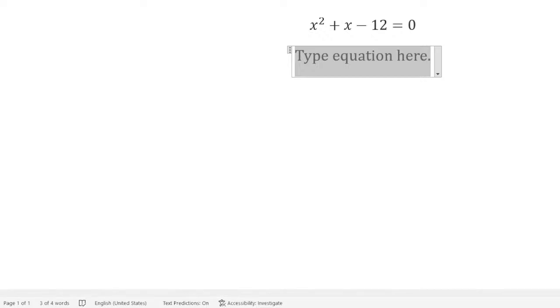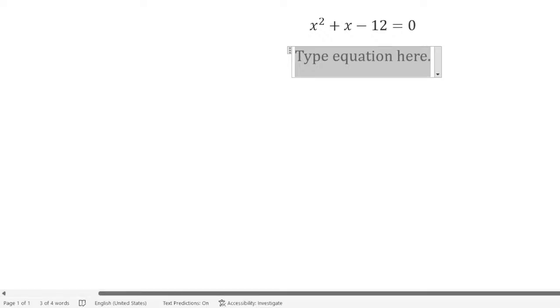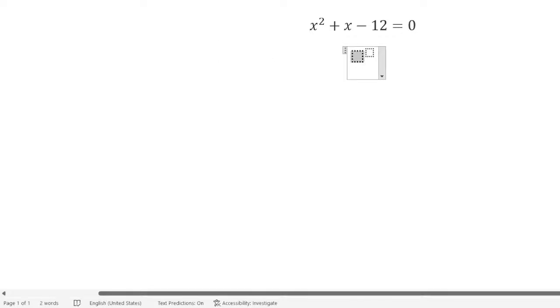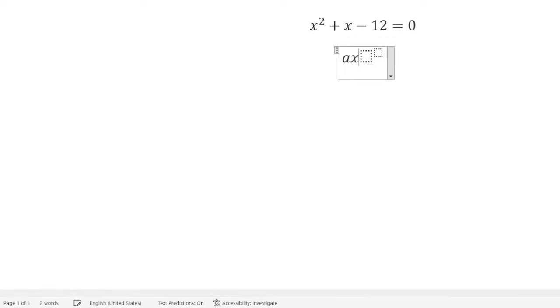You must make sure that if it's a quadratic equation that you are solving, your equation must be in the form of ax squared plus bx plus c is equal to 0.